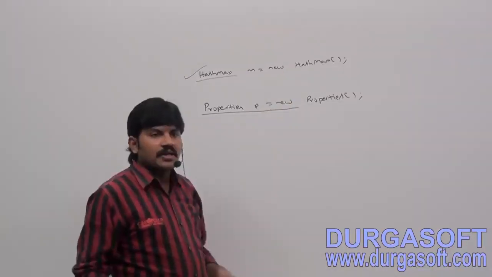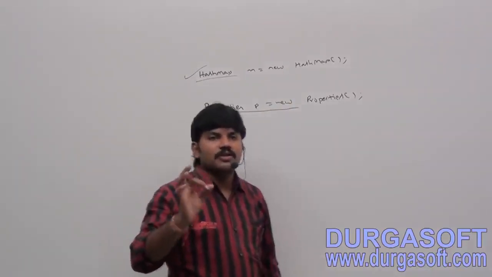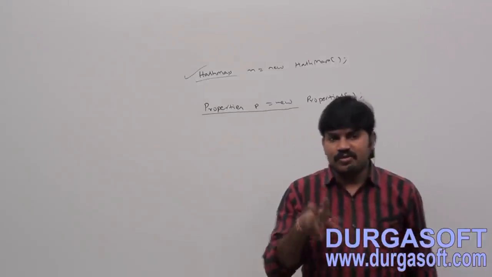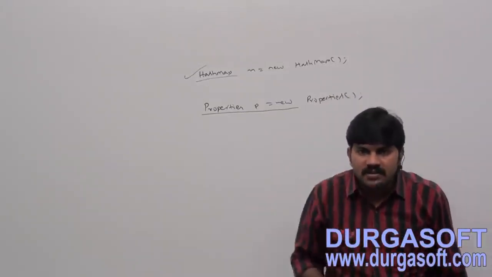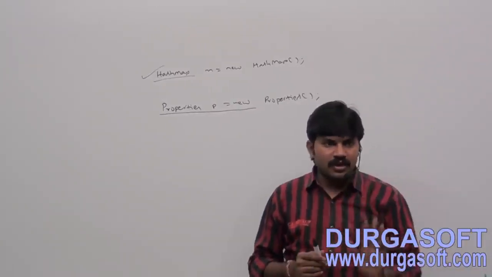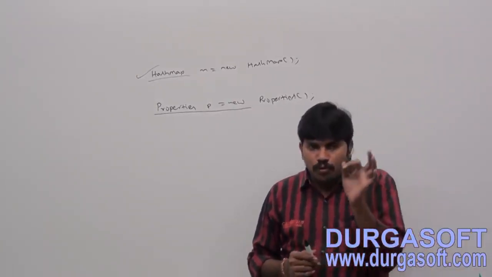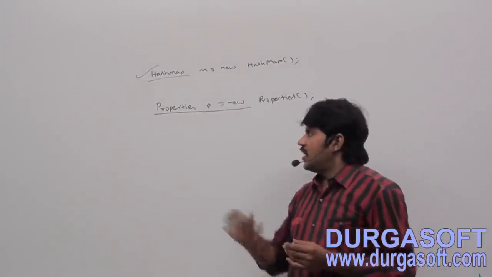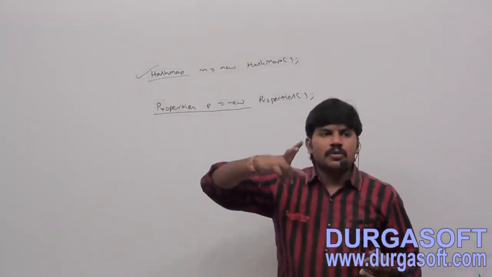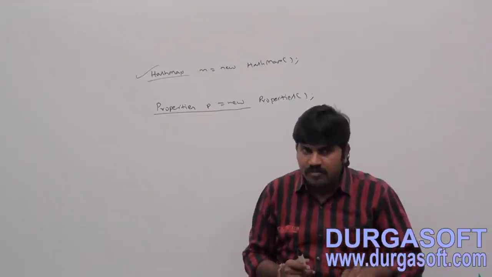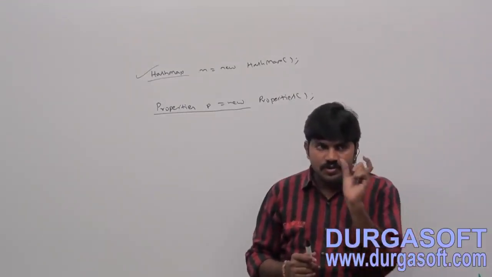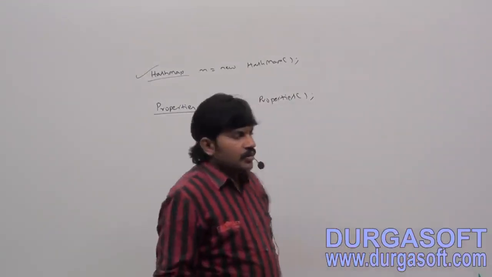But in the case of Properties, both the key and the value should be string type only. Property name, property value, both are compulsory string type only, right? In java.util.Properties, Properties is a map only, key value pairs only, where both the key and the value should be string type only. Observe this one, special case.